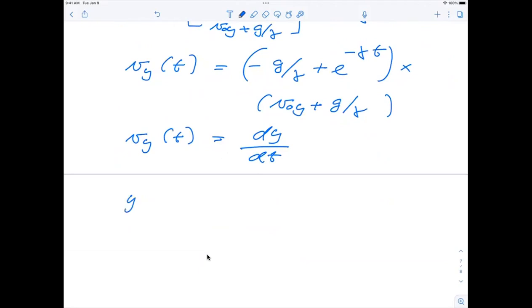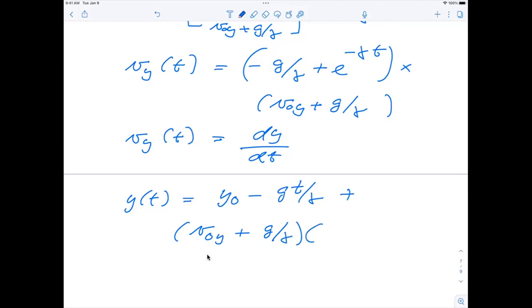We are going to get something which looks like y of t is equal to the initial position y0, minus g times t divided by gamma, plus a new term: v0y plus g divided by this constant gamma, multiplied with 1 minus e to the minus gamma t, and multiplied again with 1 over gamma. So that's going to be the final expression.